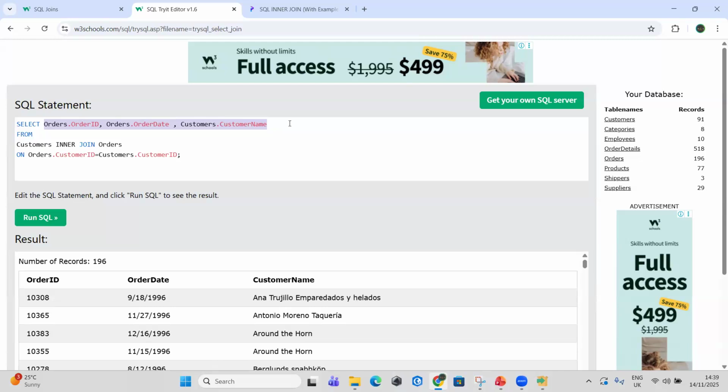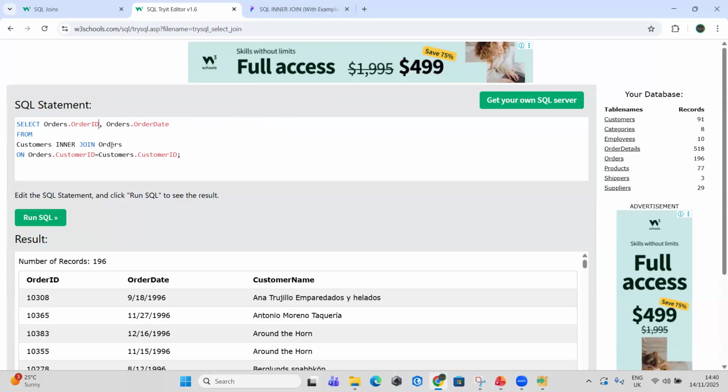Got it. So since you are performing a join on two tables on the common column, it doesn't matter. For example, before, customers is here, orders is here.